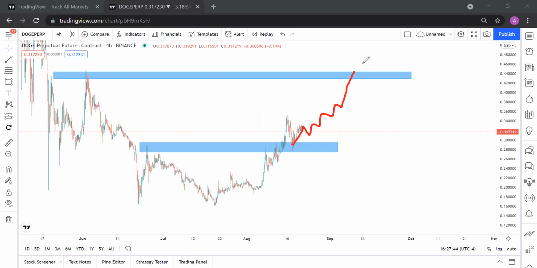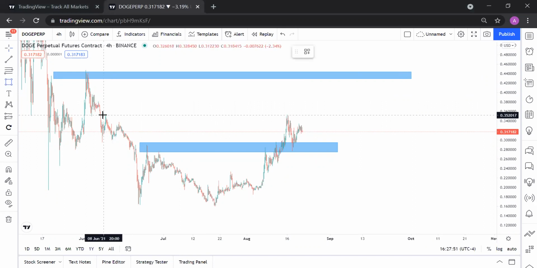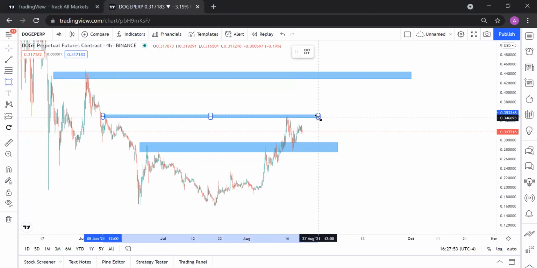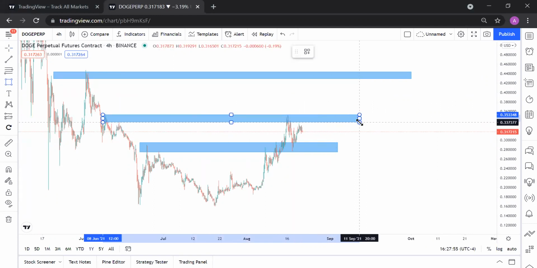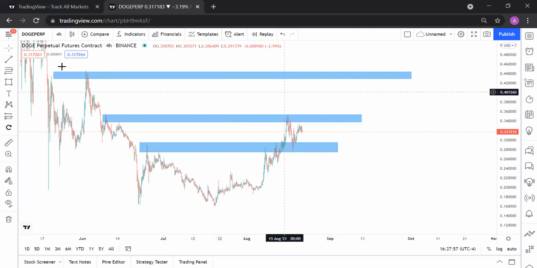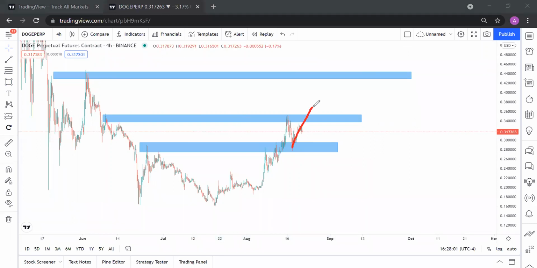But not neglecting the fact that Dogecoin is also currently at a resistance. Take a look at it, guys. If price can break out of this resistance, definitely we'll see a retest of this resistance zone here, and then the next place Dogecoin will be aiming for is this high.